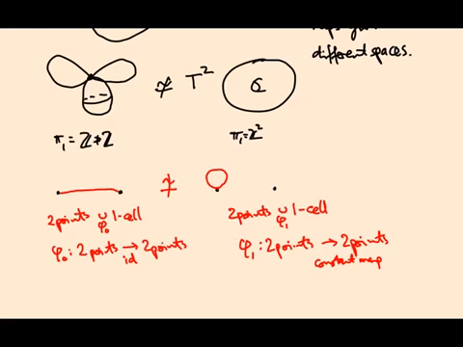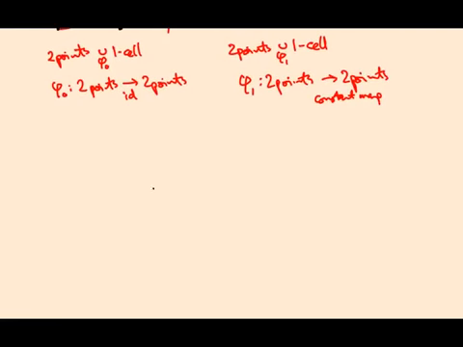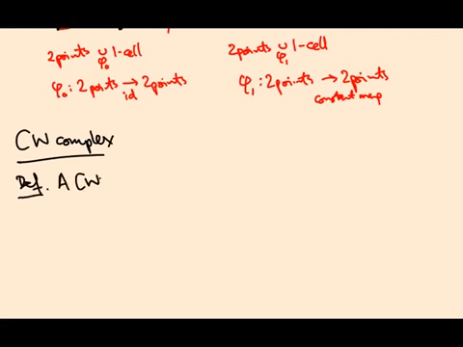Okay, so I want to now define what a CW complex is. A CW complex is any topological space built in the following way.